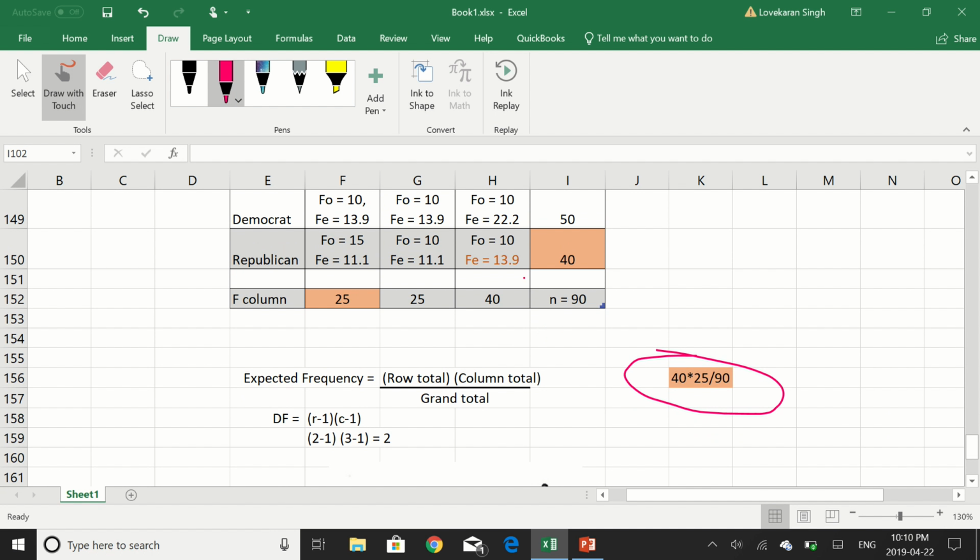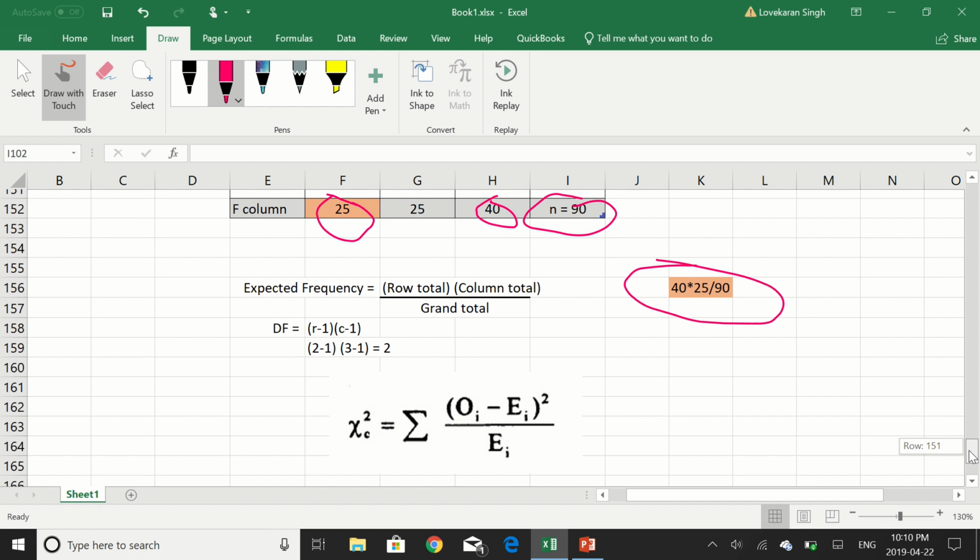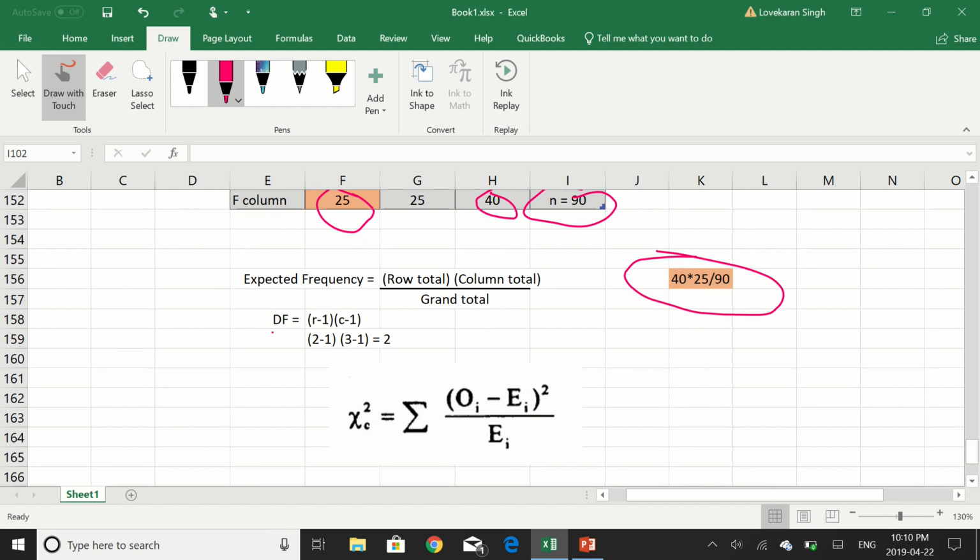For example, we are solving this one, so the row total is 40 multiplied by the column total, which is this one, divided by the grand total, that is 90. To solve for the degrees of freedom, df, we use the formula number of rows minus 1 times number of columns minus 1.